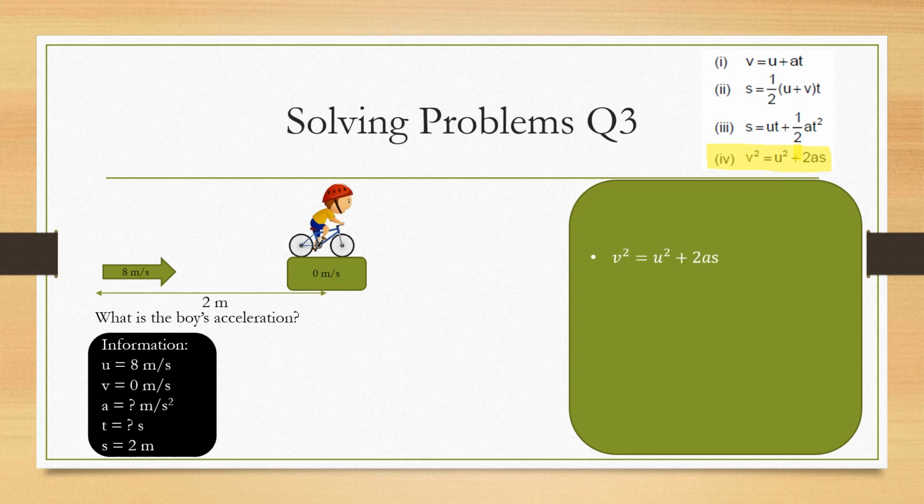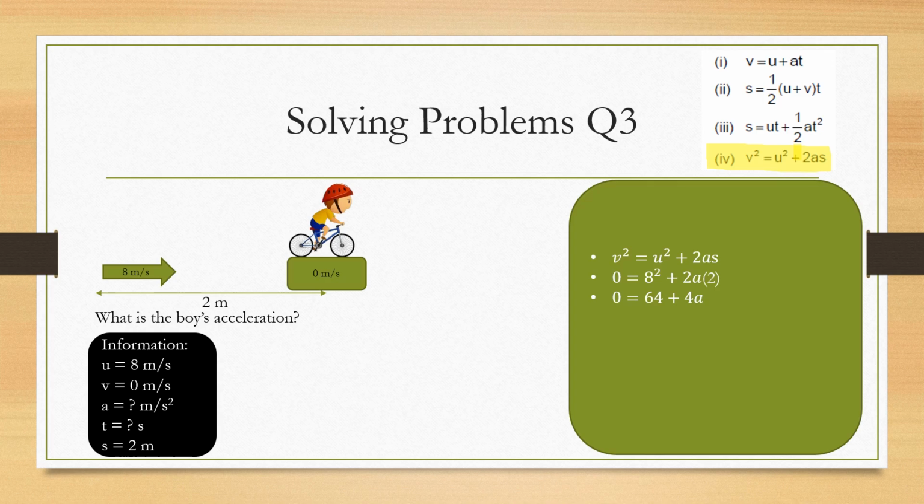Okay, so first we write the equation. v square equals u square plus 2as, and we replace with the values we have. We have v square equal to 0, and then we have 8 square plus 2a s. The displacement is 2 meter. So now we do the calculation. We get 0 equals 64 plus 4a.